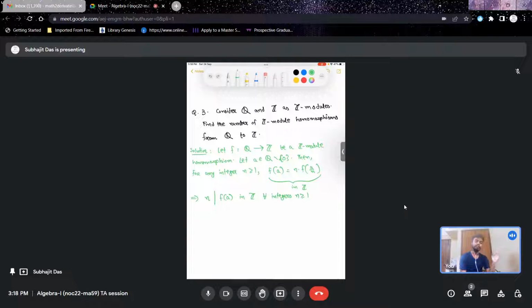But here every integer greater than or equal to 1, in particular every prime number, divides f of a, right? So this basically implies that f of a is equal to 0, right? So the reason is that every non-zero integer has a finite number of prime factors.